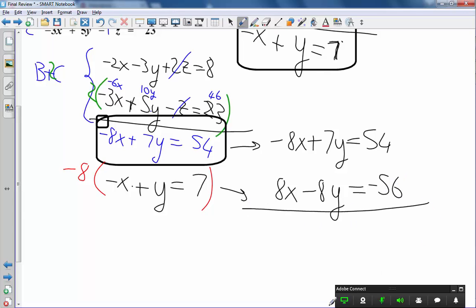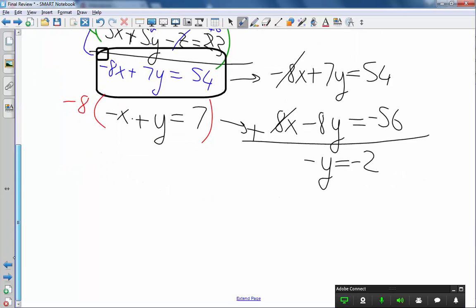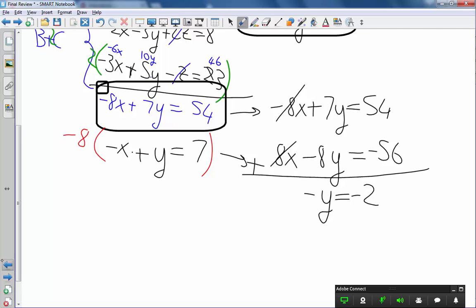And let's add now. Cancel when you add them. These two add into minus y equals minus 2. 56 minus 56 plus 54 is minus 2. Now, we're almost there. All you gotta do is flip the signs, divide both sides by -1 or multiply by -1 if you wish. Get y as 2.